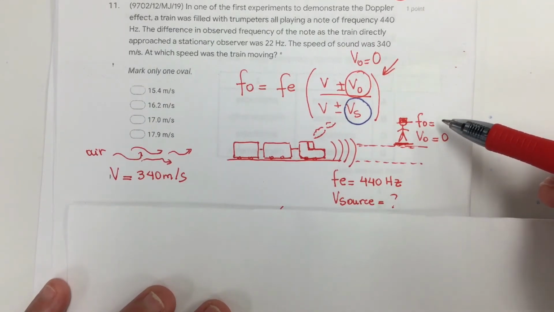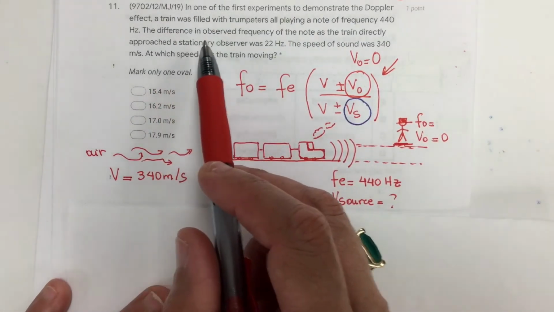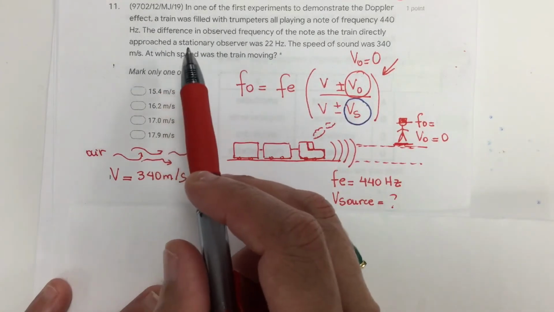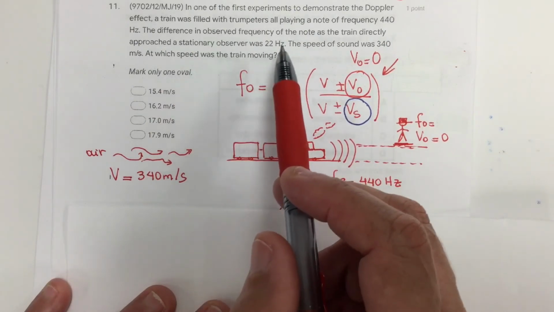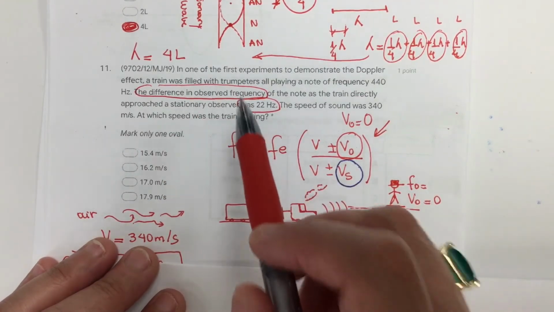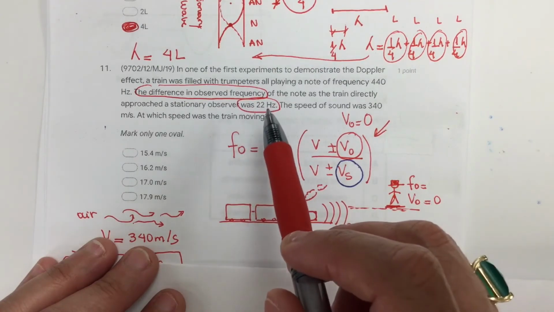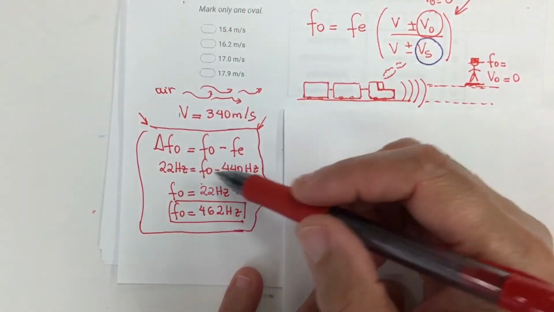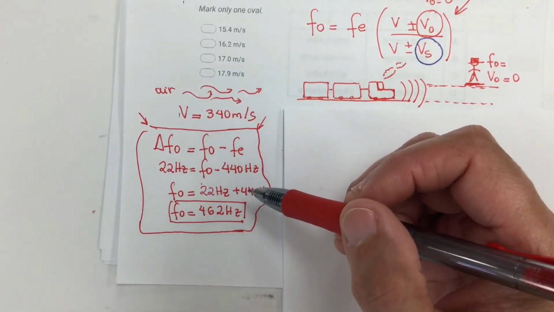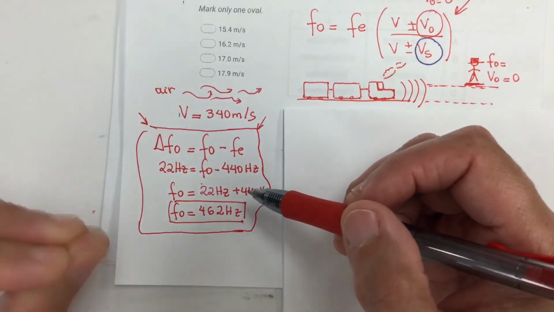And the frequency the observer receives: it says here the difference in observed frequency of the note as the train directly approached a stationary observer was 22 Hertz. So let's take a closer look at the information from this problem. The difference in observed frequency was 22 Hertz. I placed this box here so we can determine it mathematically, or you can do it mentally, but if you like to see numbers put together, pay attention.